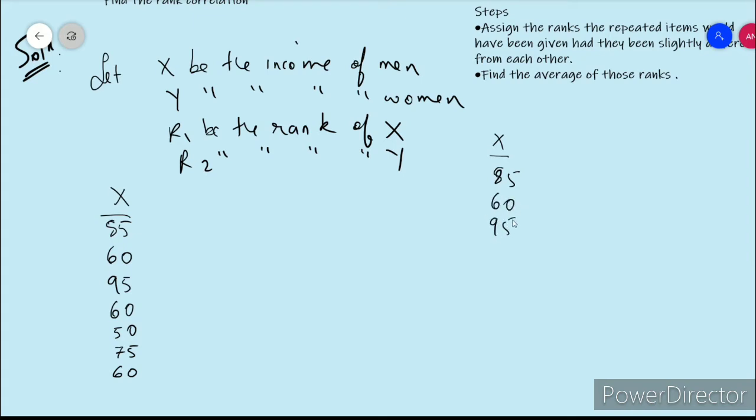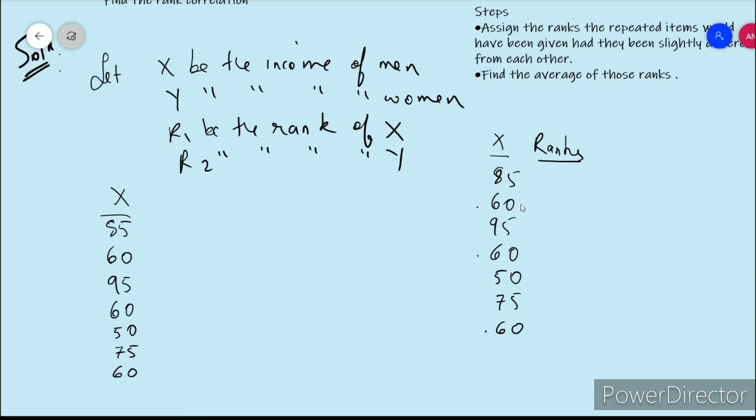Okay, so if we look carefully, 60 is repeated 3 times, here, here and here. So first we've noticed that.